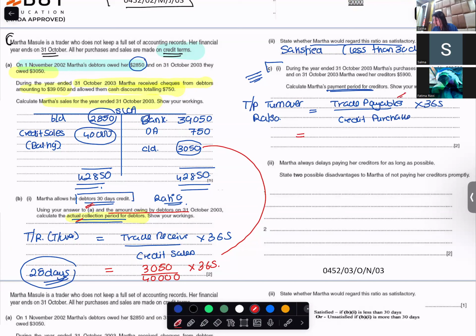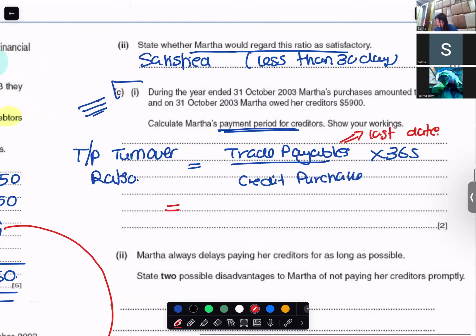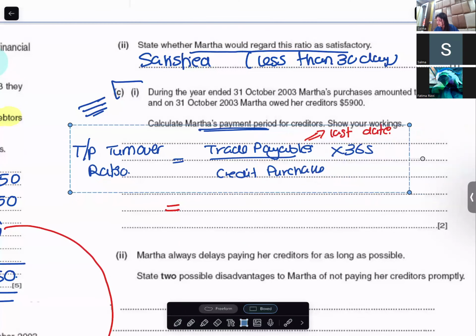What is your trade payables? You will take everything on the last date. So what is your trade payables? Come on, read. Try and analyze. During the year ended 31st October 2003, I've kept the question in front of you.